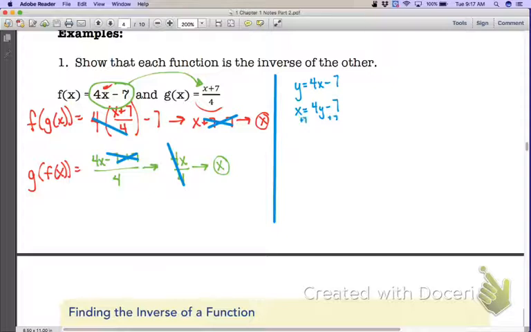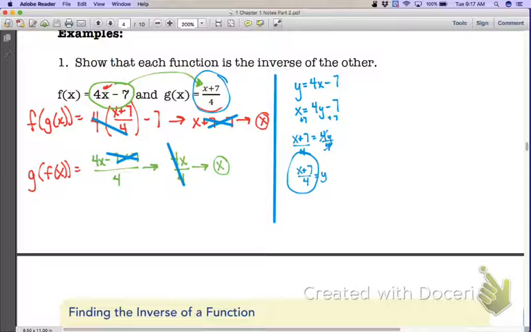Add 7 to both sides, x plus 7 equals 4y. Divide by 4. So x plus 7 over 4 equals y. Does this match that? Yeah, so that's good.